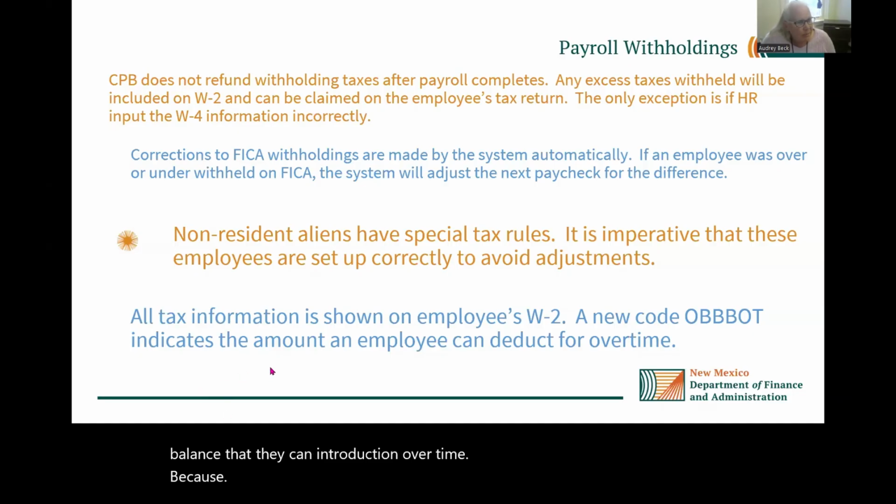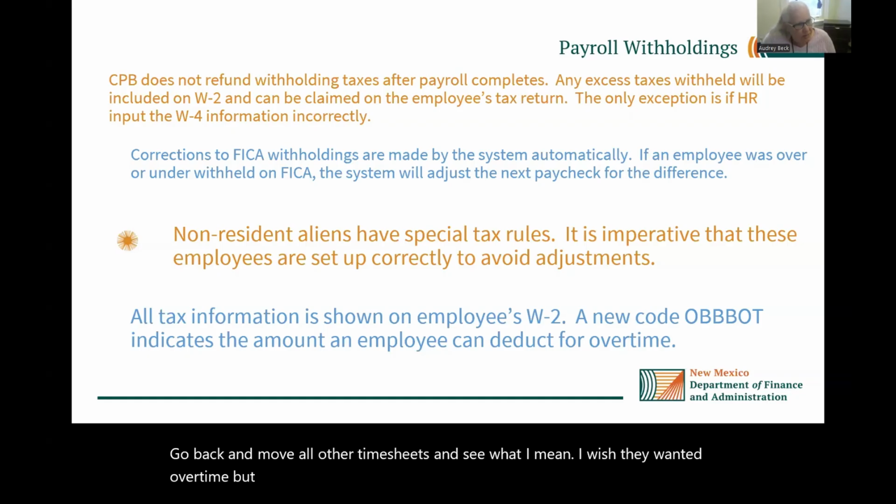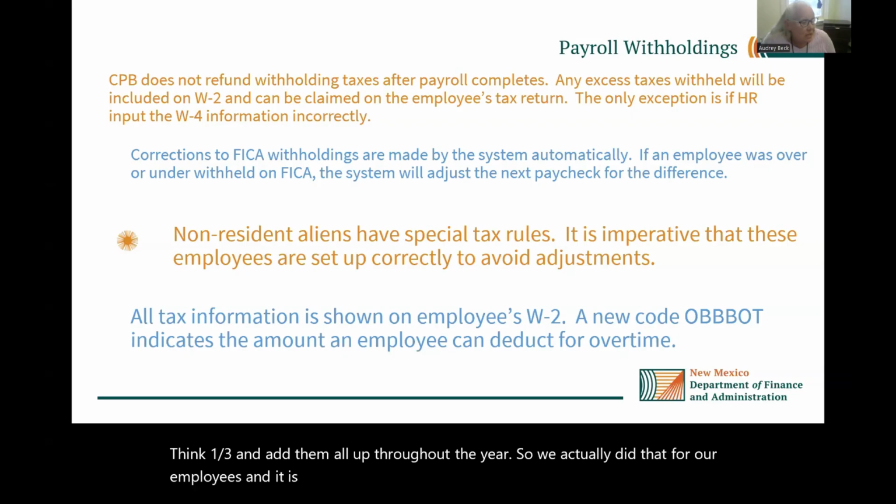A lot of people are having to actually go back and pull all of their timesheets and see how many hours they worked overtime, what they were paid for each one, divided by 3 for each pay period, take 1/3 and add them all up throughout the year. So we actually did that for our employees, and it is coded as OBBBOT on their W-2.